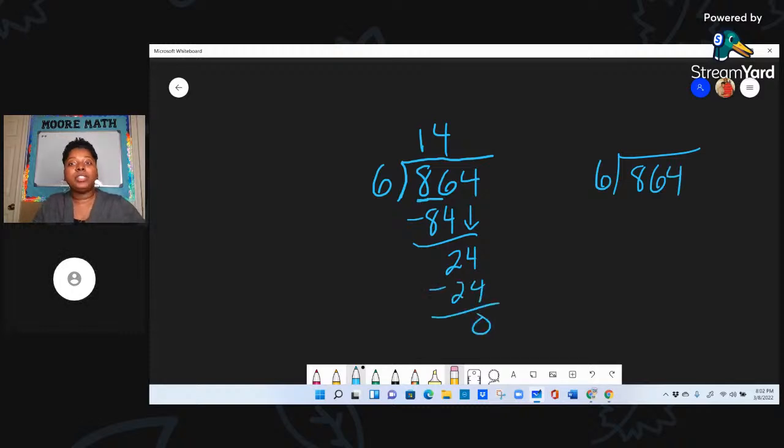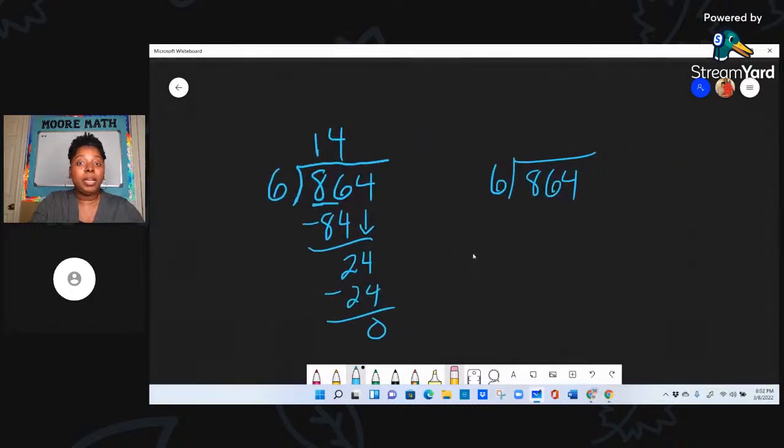Excellent. Now I'm just going to show you something really quick, because you did great, but just to save you some time. Now 6 can go into 8, right? 8 is big enough for 6 to go into it. So 6 can go into 8 one time. And 8 minus 6 is 2.